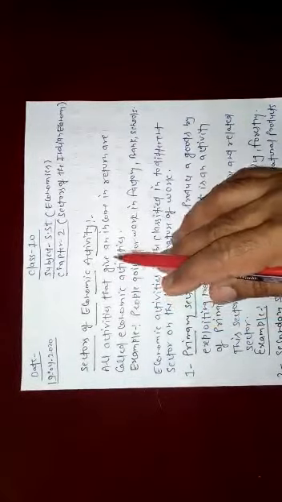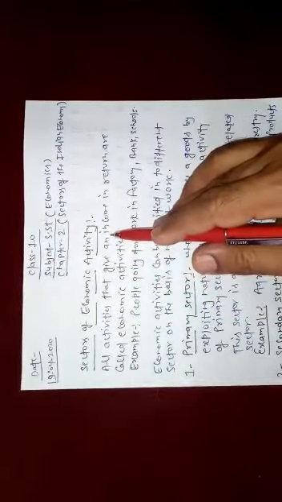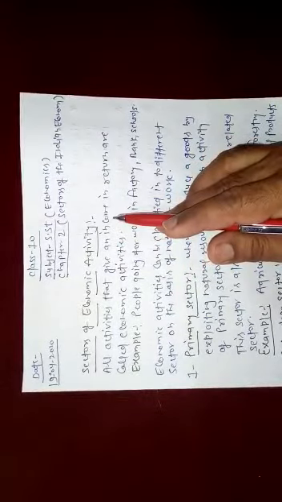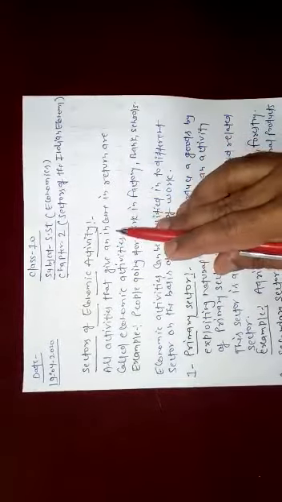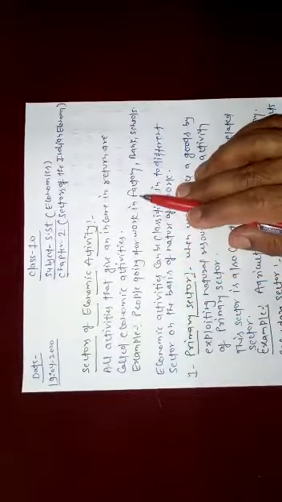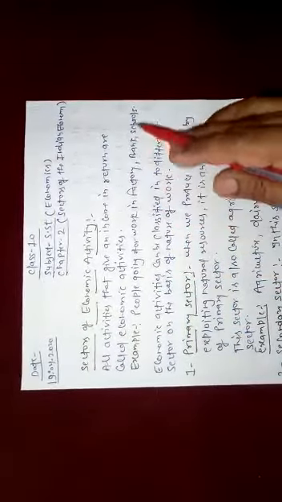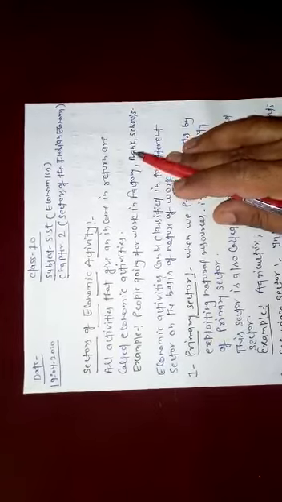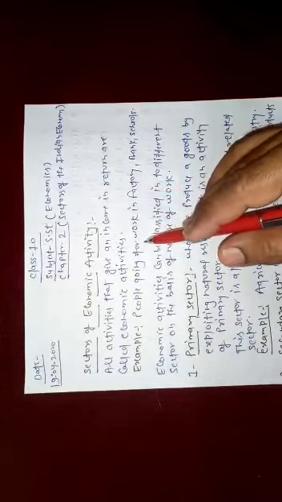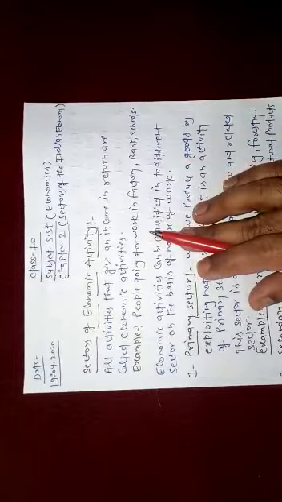For example, if people go to work in a factory, bank or school, it is an economic activity, where we provide some service and thereafter we get something in monetary form, in money form.